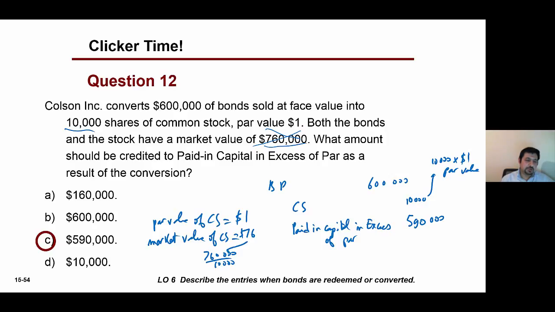This is why someone would be converting $600,000 worth of bonds into $10,000 common stock. However, in reality, they are worth more than that in the market. This is why convertible bonds are appealing to investors as well.